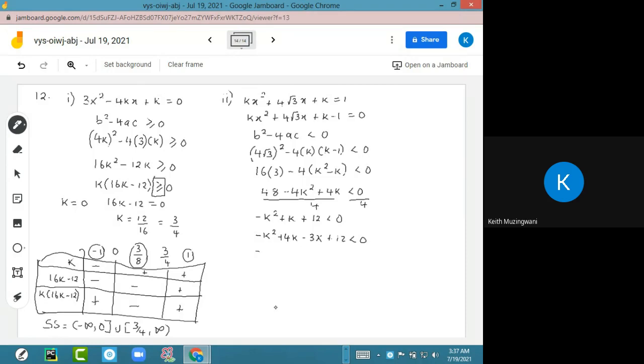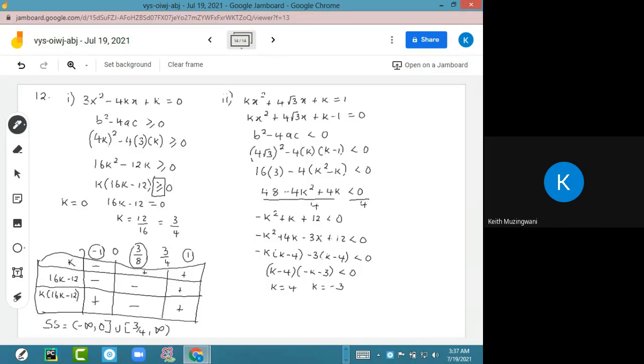So factor out negative k, we'll get k minus 4. Factor out negative 3, we'll get k minus 4. So that k minus 4, and then negative k minus 3 is less than 0. So k is 4, and also k is negative 3.